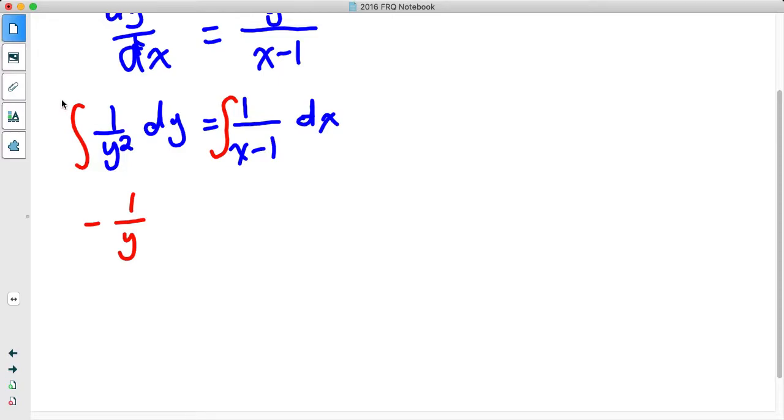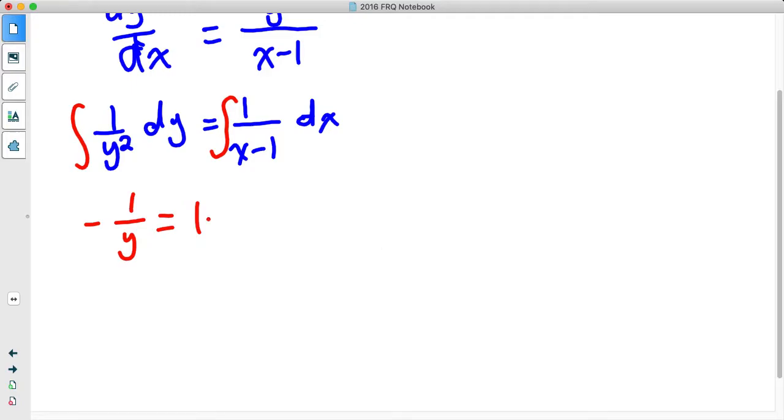And on the right hand side, whenever we have an x with a power of 1 on the denominator, that tells you you're going to have ln in there somewhere. So basically what we're left with here is ln absolute value of x minus 1.